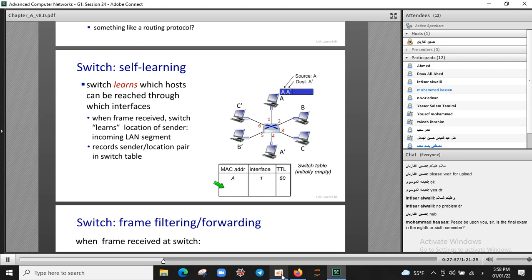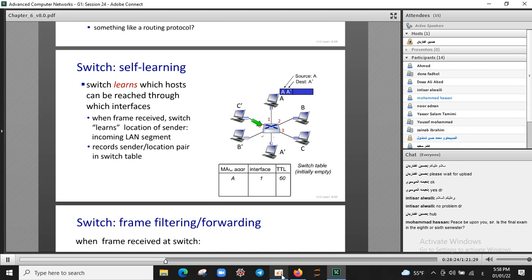It means that the frame received from A will be forwarded over the rest of the ports. This frame would be forwarded over port number 2, number 3, number 4, number 5, number 6, all of them.